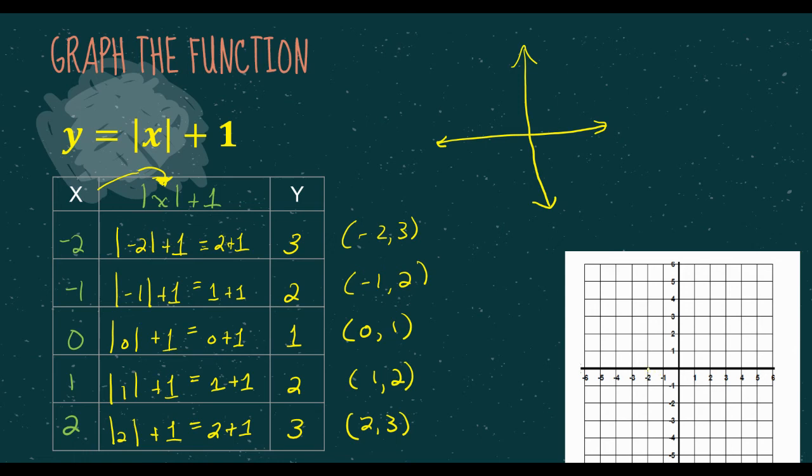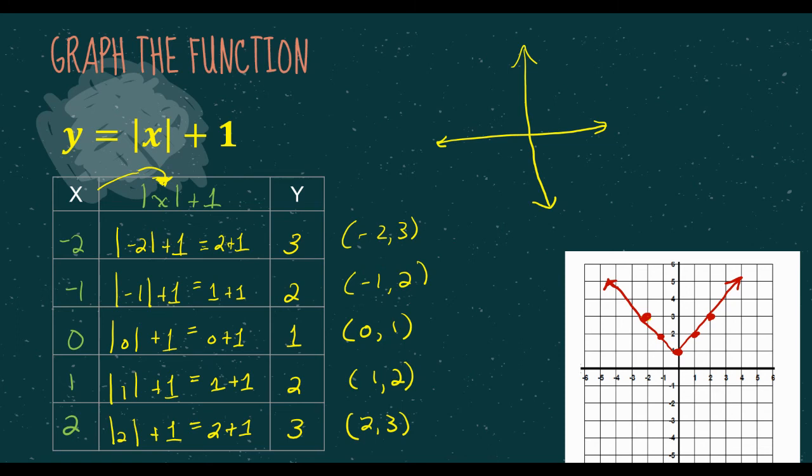I'm going to use this one. Negative 2, 3. Negative 1 up 2. 0 don't move, up 1. Over 1 up 2. Over 2 up 3. I kind of missed that dot.